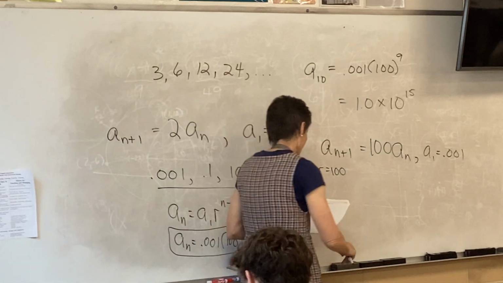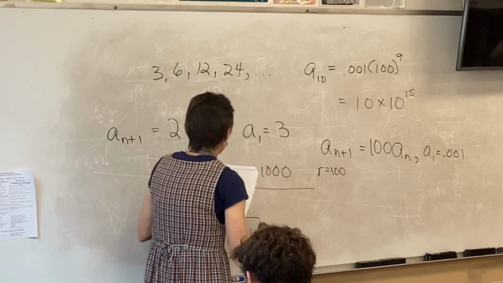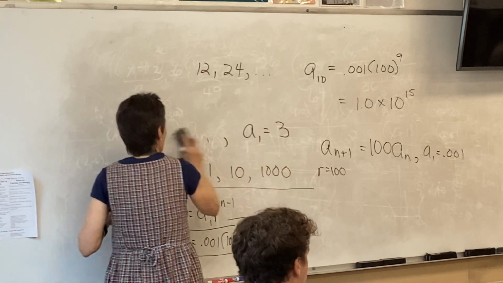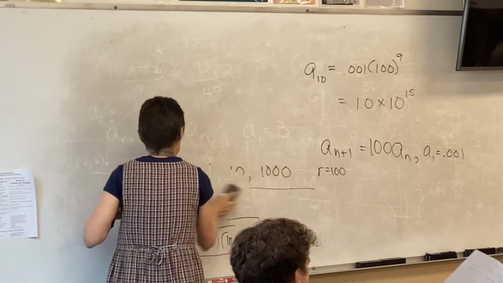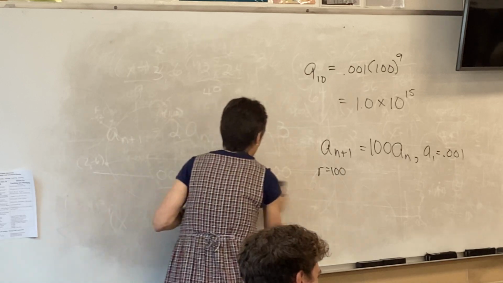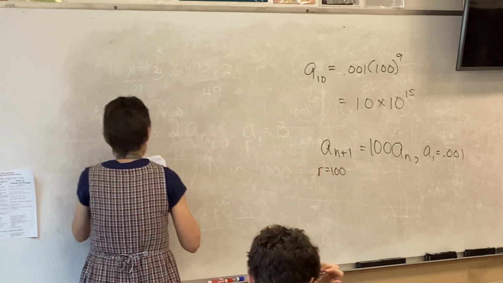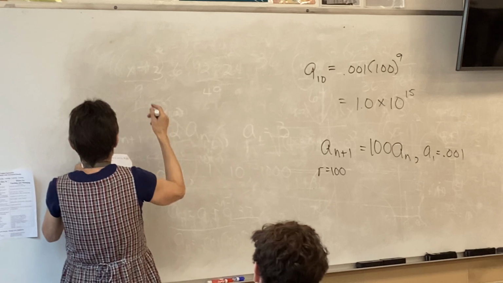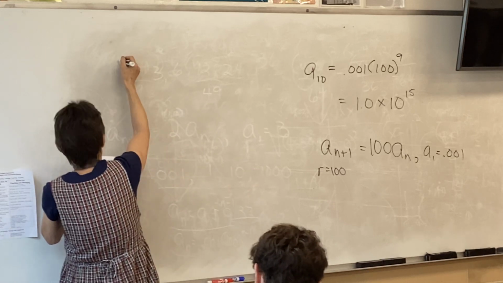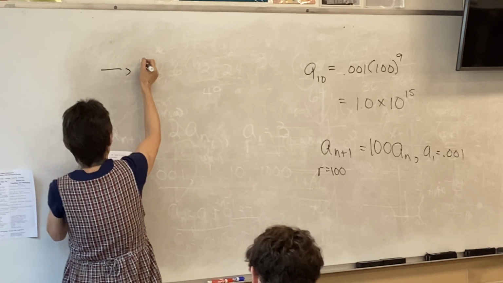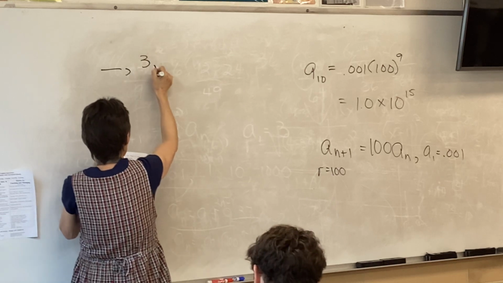All right, number 6. Let's look at what's happening in number 6. I've got some sequence. Oh, A says it's arithmetic. So I have an arithmetic sequence. I know the second term is 3.